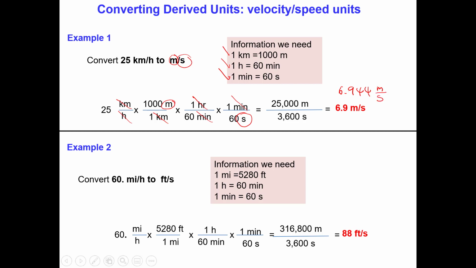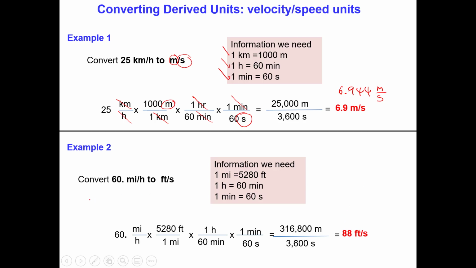But because we had two significant digits here, we want two significant digits in the answer. This is why the correct answer is 6.9 meters per second. Then we need to round down the number to get the correct answer. Then 25 kilometers per hour equals 6.9 meters per second.